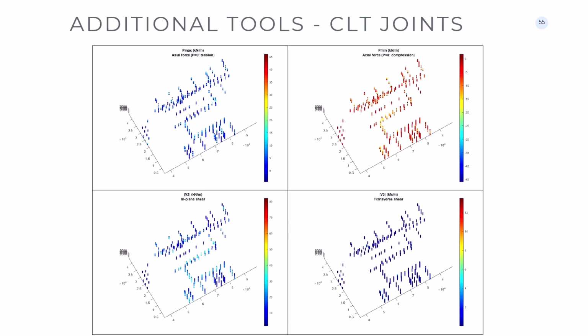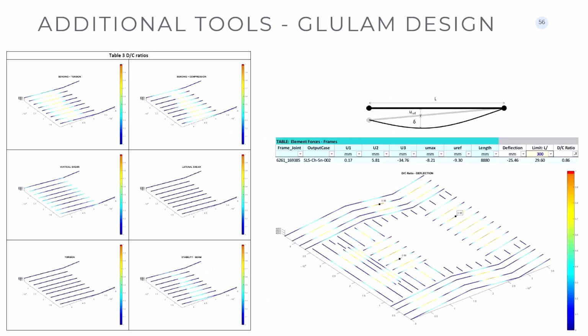It's an object positioned at a certain point in the building that is represented by a spring in the SOFiSTiK model, and from there we extract the data in terms of forces, check it according to the formula of the element itself, and plot the results on a MATLAB graph.